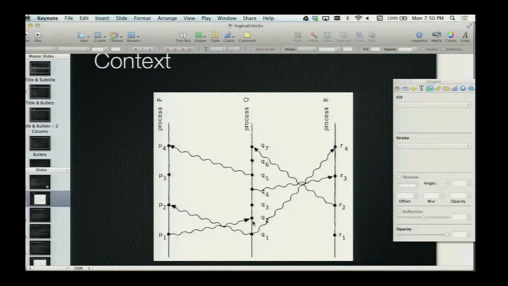If the message from P1 shows up at Q2, and Q2 drops it on the floor, there are no side effects inside of process Q of receiving that message, then it's as though that message was never received. And therefore it's as though that message was never sent. Is that actually true?